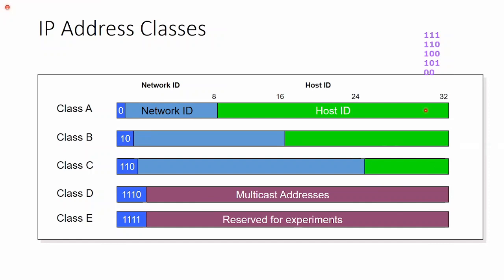So then can you guess why we have these class A, B, and C addresses? Class C addresses are for which kind of network? Class B addresses are for which kind of network? Think about the number of computers.